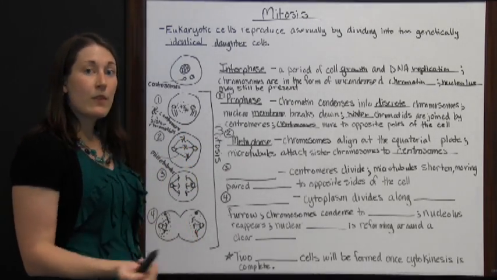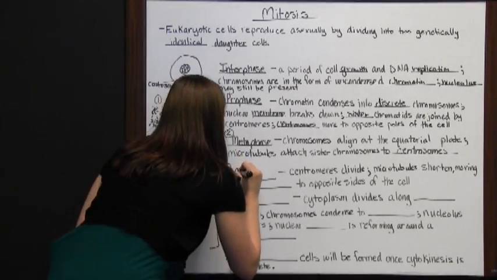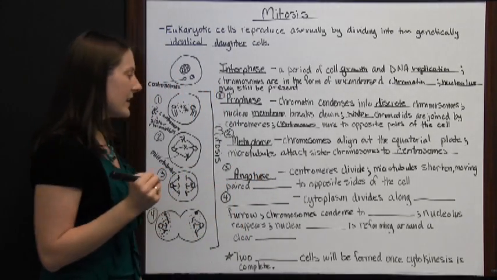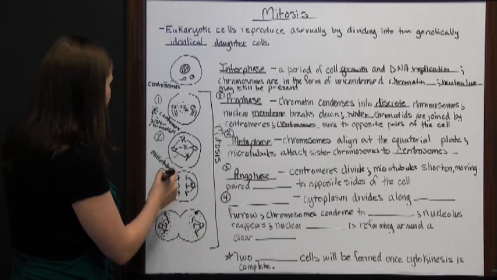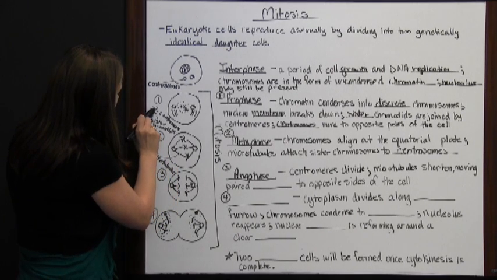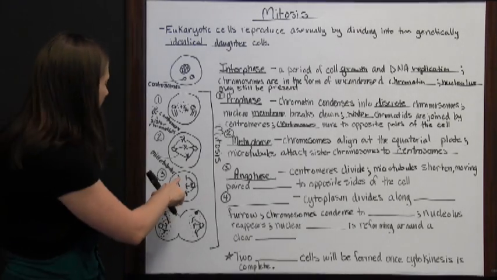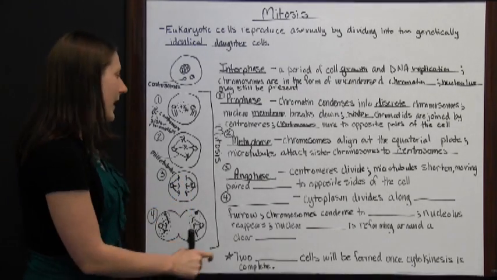And now we're ready to move on to the next stage of mitosis, anaphase. In anaphase, the centromeres divide. So remember, your centromere was that little center here that was kind of holding the two chromatids together. So in anaphase, they divide.